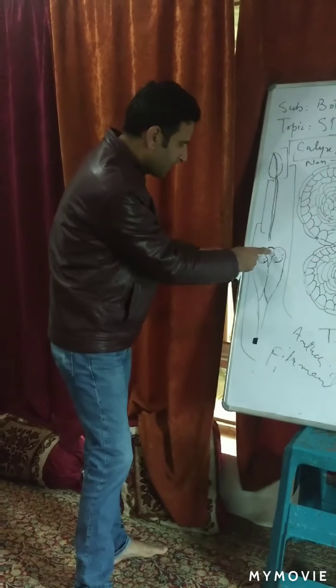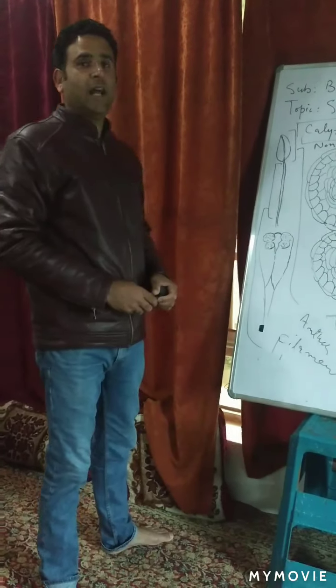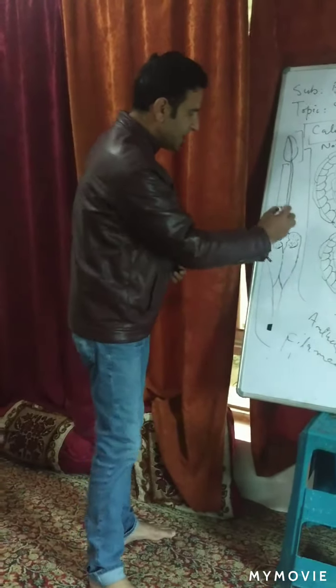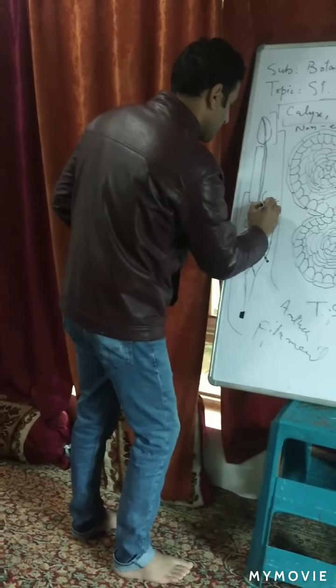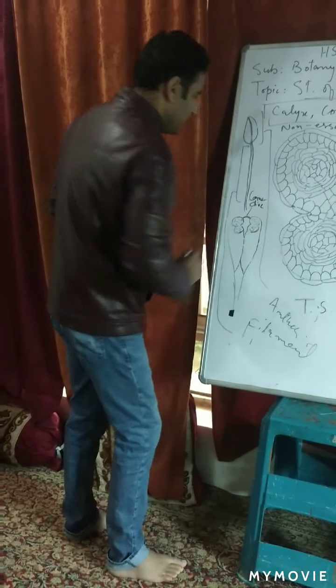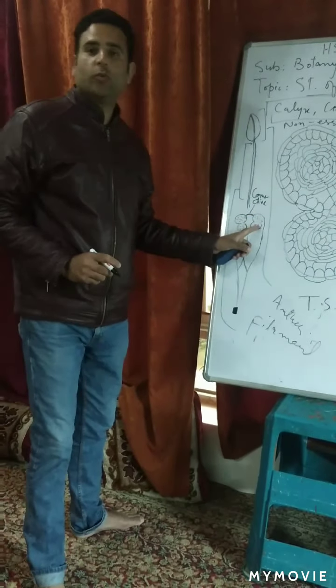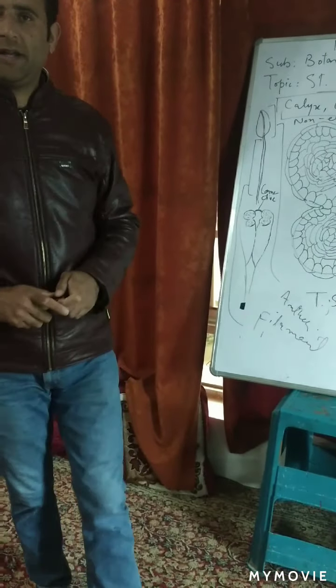This portion of anther, as you can see here, is also sterile, and it just connects these two parts together. So it is named connective. This connective connects this lobe with this lobe, and it has vascular tissue in it.